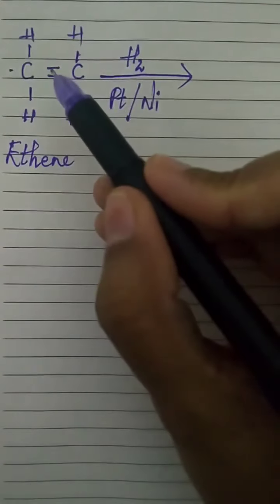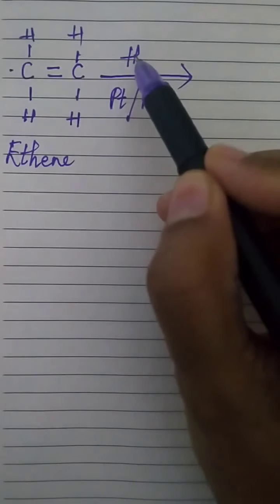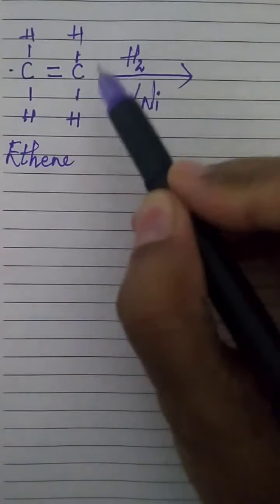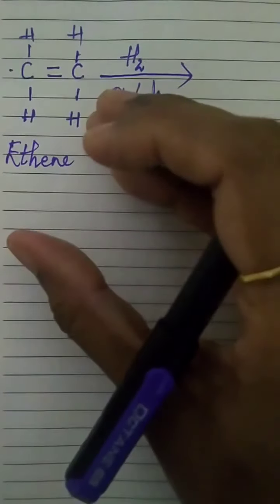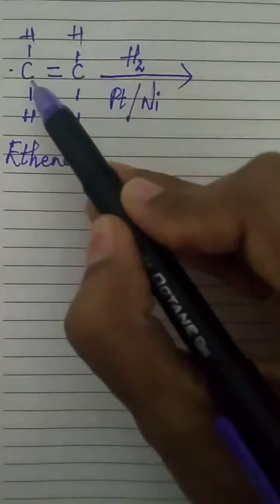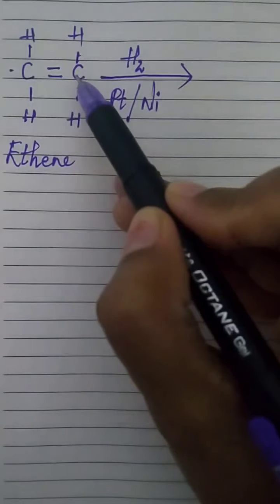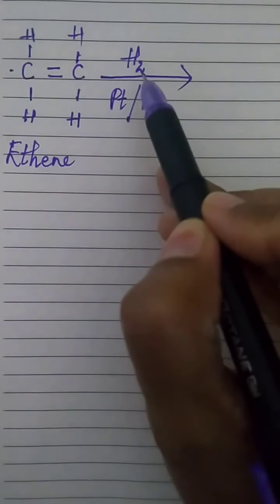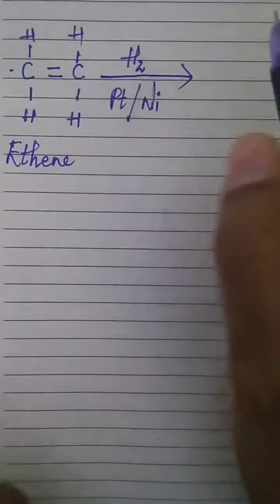An addition reaction means whatever reactants we have, here the reactants are ethene and hydrogen, all these reactants will become one and we will get it as the product. That means in the product you will see carbon, the second carbon, these 4 hydrogen plus these 2 hydrogen also. Everything will come as the product.